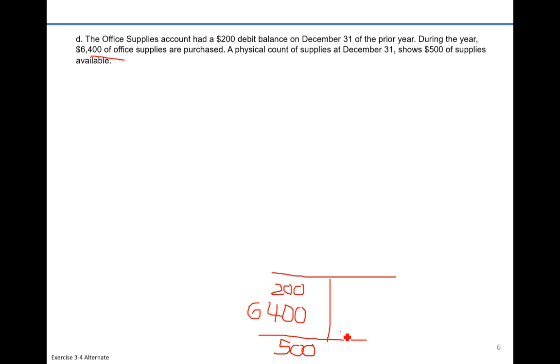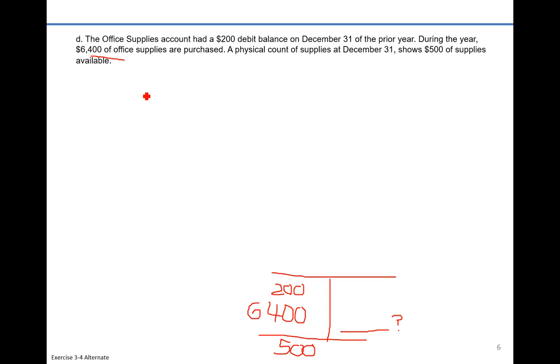So the question then is, how much of supplies were used up during the period? We can do this a couple of ways. You can do a little math equation. 200 plus 6,400 minus x equals 500 would be certainly one way to solve it.